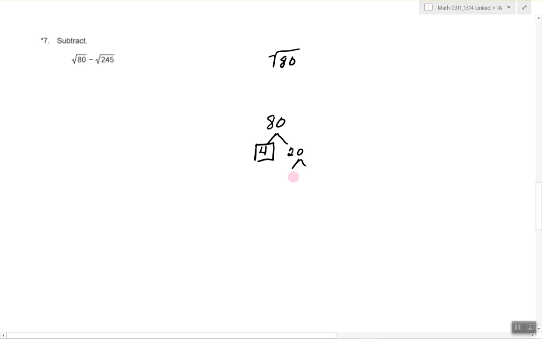Then 20, I know that it's 4 times 5. You don't get to factor just any way you please. It must be a perfect square. That means that I have a largest perfect square of 4 times 4, which is 16. So this is the square root of 16, and if you divide it, it goes in there 5 times. So this is 4 times the square root of 5.